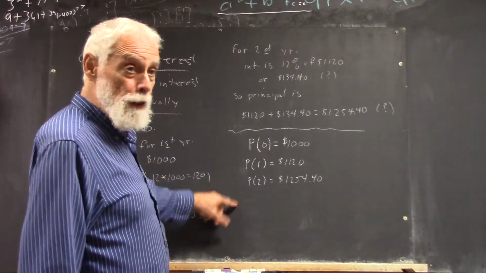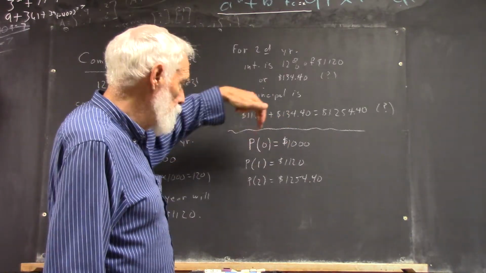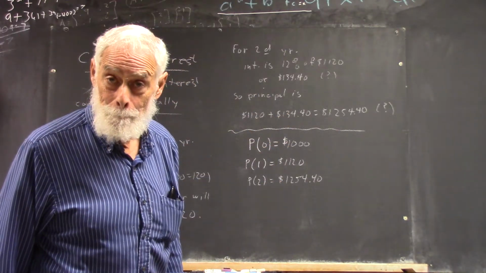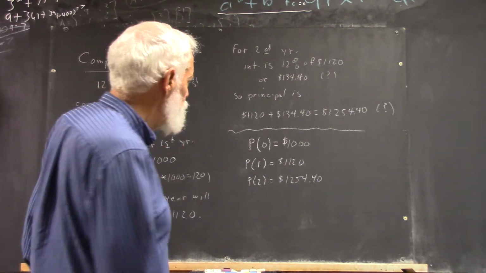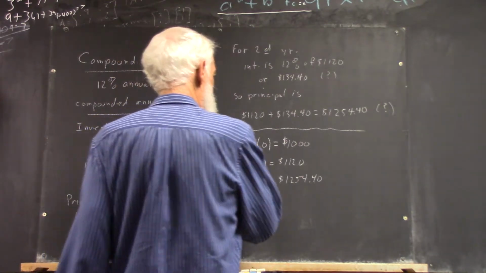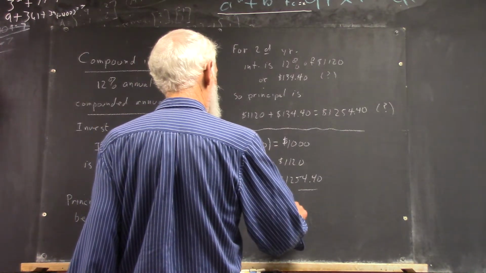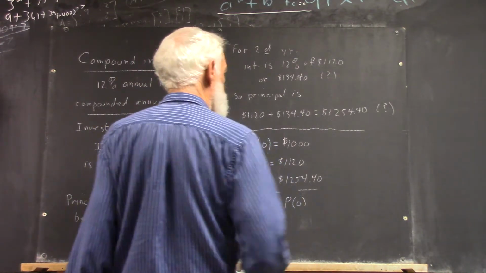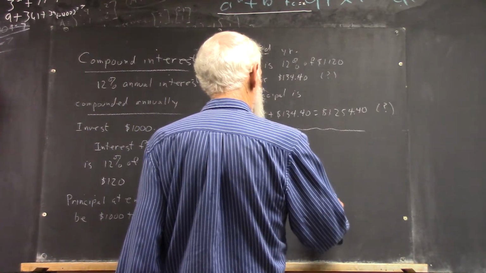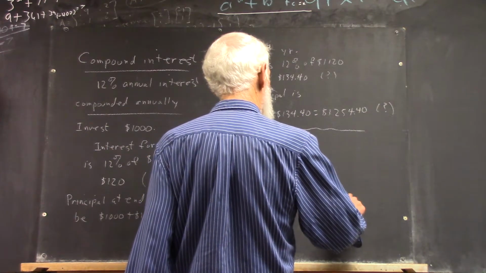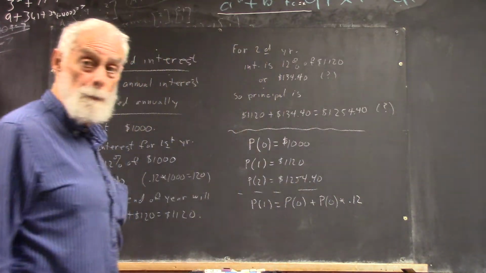Okay. We understand the notation. This is function notation. Principal at 0 years is this. Principal of 1, that's the principal after 1 year, and so forth, right? Okay, well, I'm going to say this. Principal after 1 year equals principal after 0 years plus the principal after 0 years times 0.12, right?